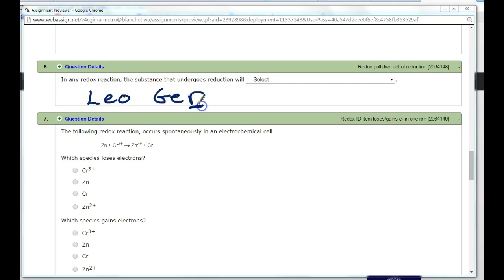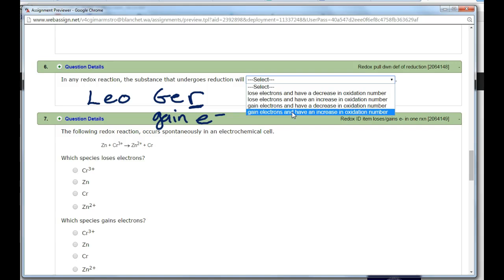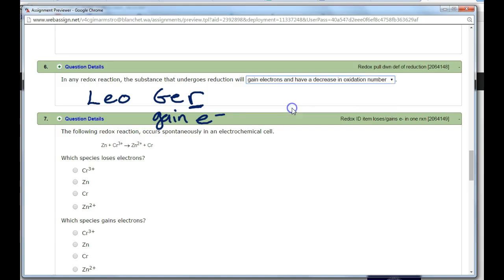So reduction is a gain in electrons. Gain electrons, okay, so it's one of these bottom two. If you gain electrons, you're becoming more negative, so your oxidation number would decrease.